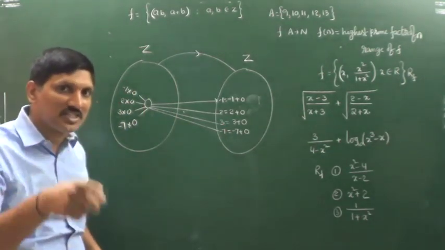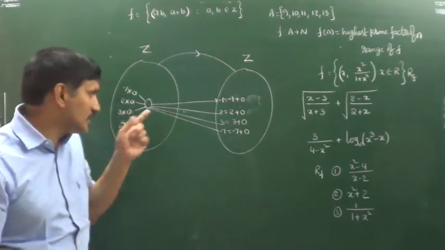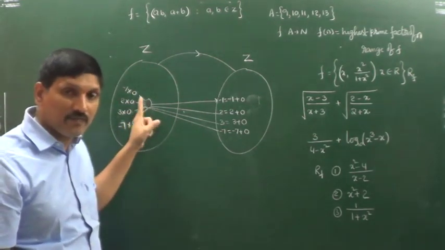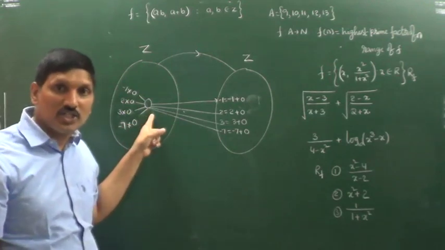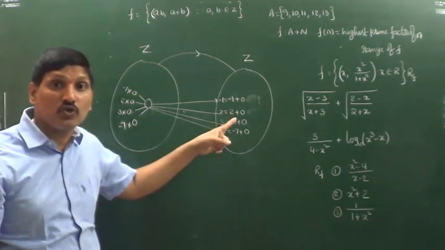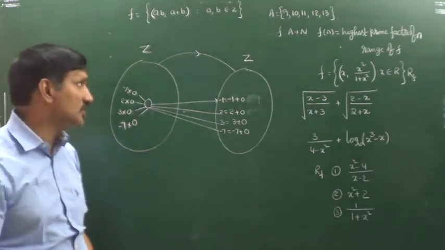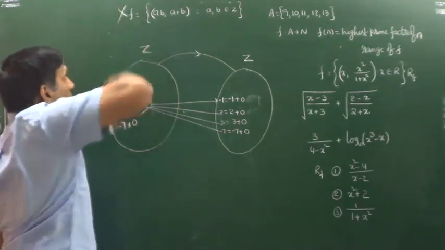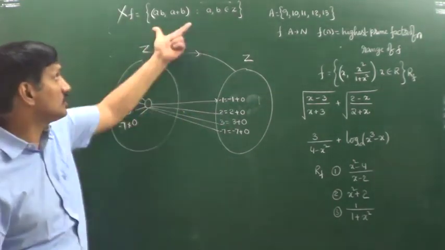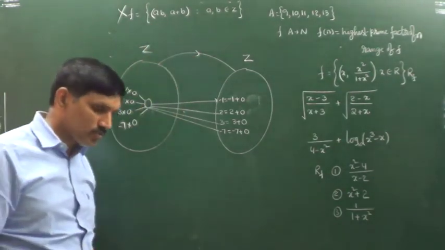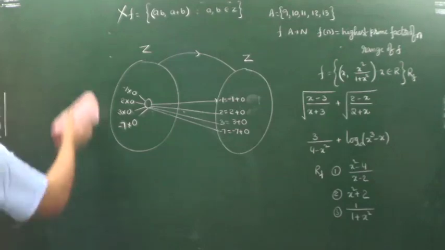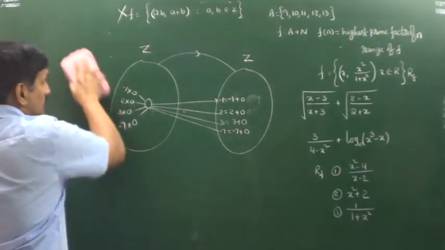The uniqueness condition is not satisfied. Uniquely associated is wrong. So that's the reason this particular one is not a function. That is about that particular question.